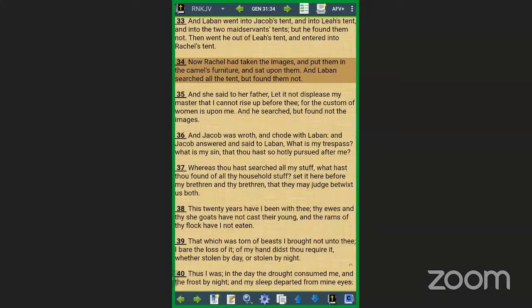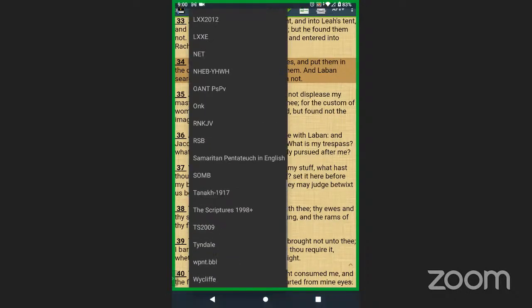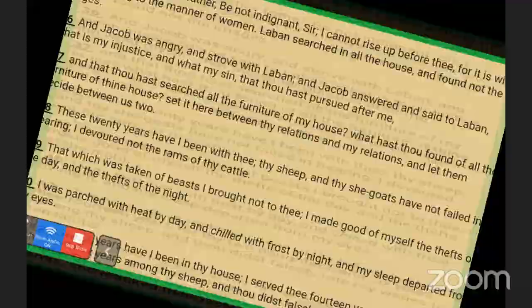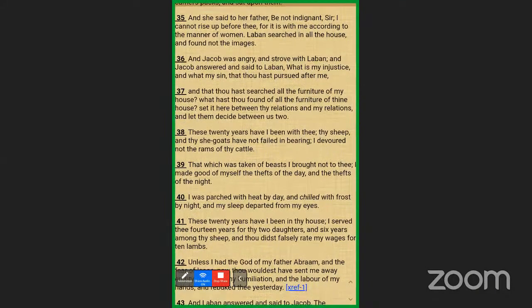Okay, so the Masoretic says, now Rachel had taken the images and put them in the camel's furniture, and sat upon them, and Laban searched all the tent, but found them not. Now, in this case, this seems a little redundant. I don't think we need to know he didn't find them.